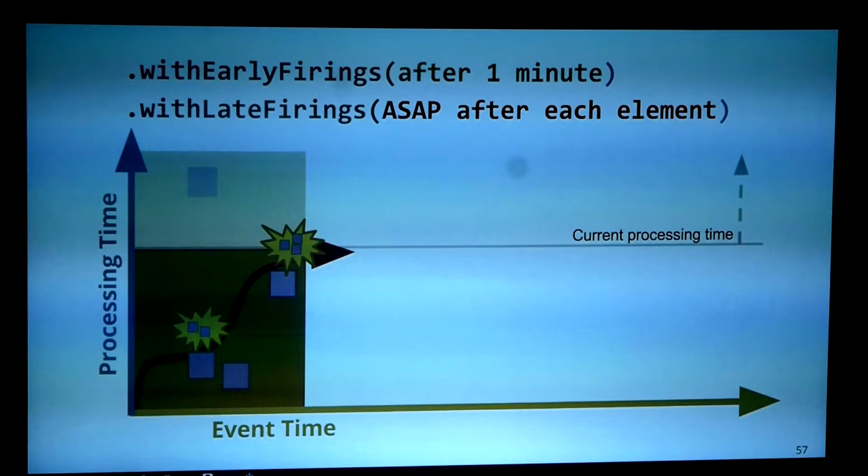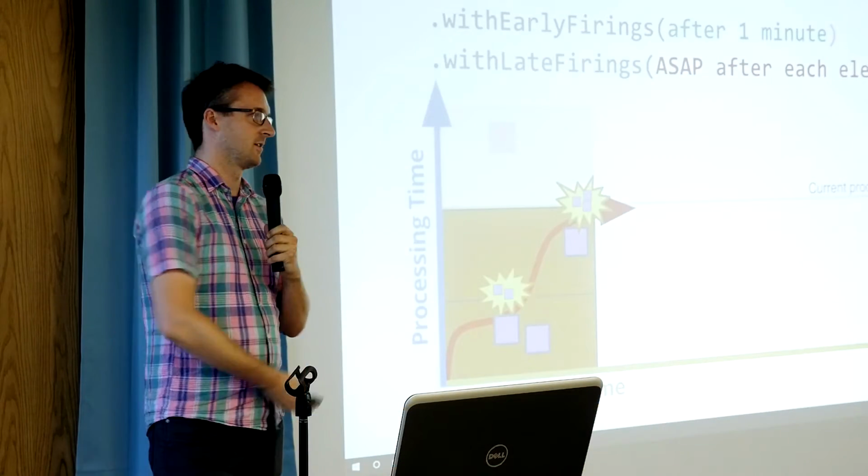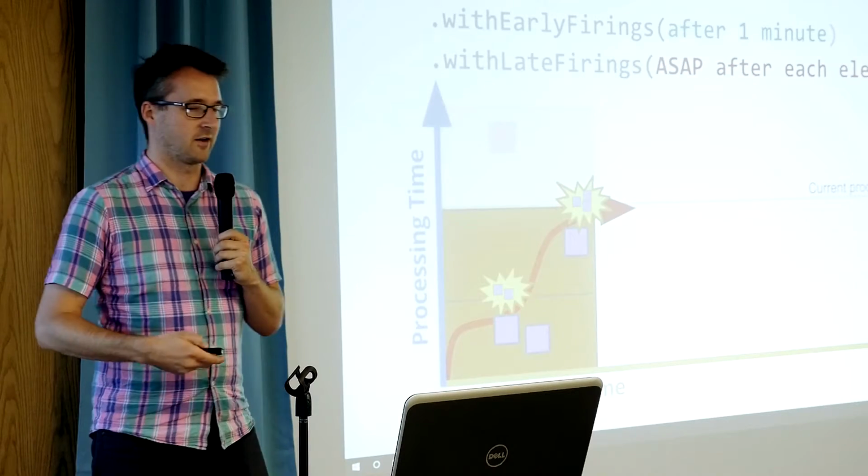Moving along, after the watermark progresses all the way past the end of this first window, we have another aggregation. These 3 elements are the ones that arrived before the watermark passes the end of the window. So now we're going to emit this aggregation of those 3 elements, and it's going to be labeled on time. And that says, this is what I think is the authoritative aggregation for that window.